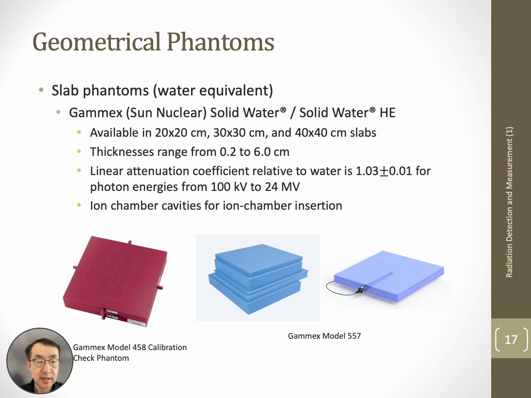So it's very handy, and very useful for constancy checks, right? Month to month output, you can easily check with this solid water. Whereas for annual QA, we still measure our machine output and still adjust our machine output using actual water, which I'll explain later. But again, this solid water solution is extremely handy.